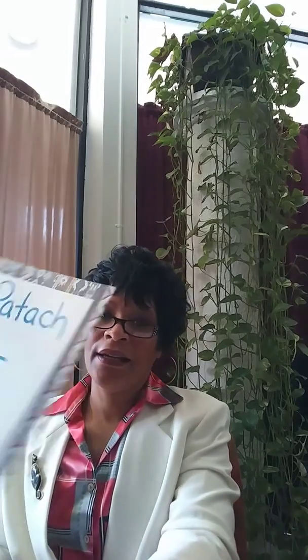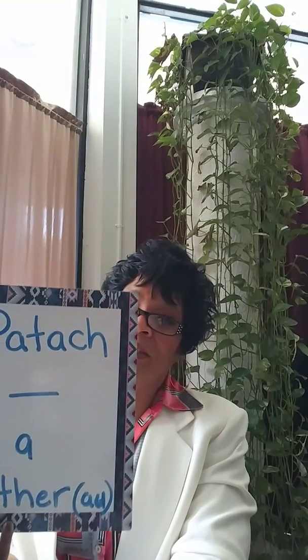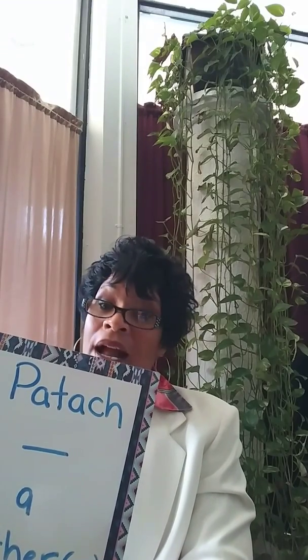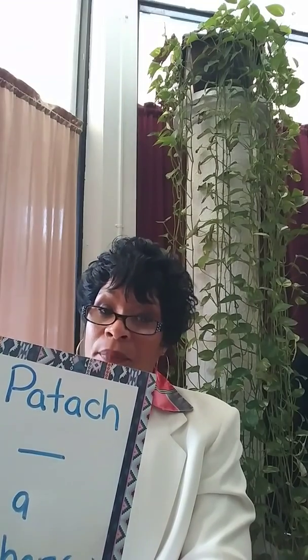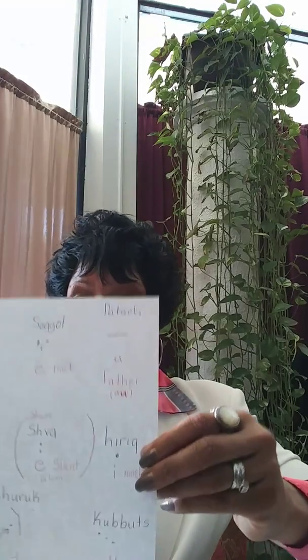The patak is just a line. Know these are distinguished because we have a kametz, which is a line, but it has a dot up under it. So I'm going to go back and hold this up here for you.